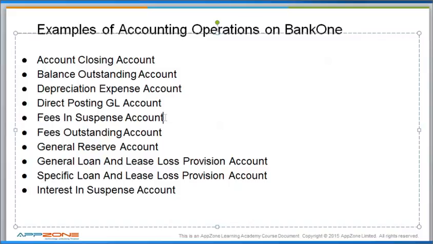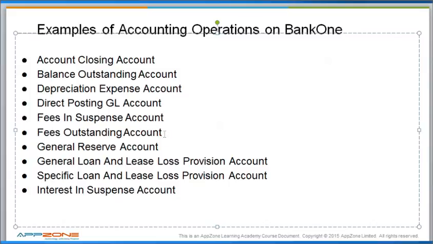So instead of the fee going to the income account of the bank, because the fees have not yet been realized, the system will automatically move those fees into the fee in suspense account without any human intervention. And when the fees now get realized, the system will also automatically move it out of fee in suspense account into the bank's fee income account.